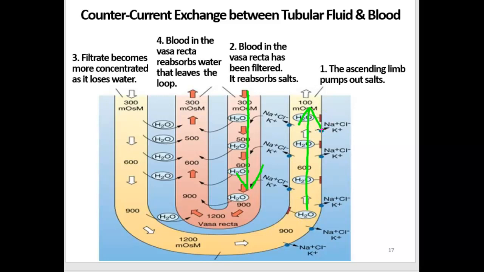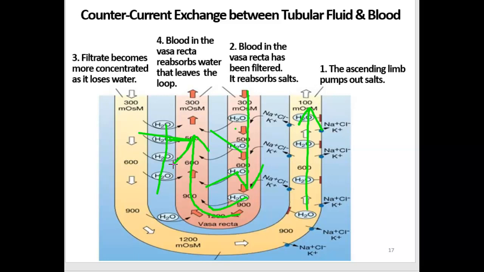What that means is that the blood that has been filtered and now is entering the vasa recta is relatively dilute, but it is entering this highly concentrated region, and that makes it lose water. So it loses water. But when it rounds the bend here, it's still more concentrated than the interstitial space, and so more water is reabsorbed here.